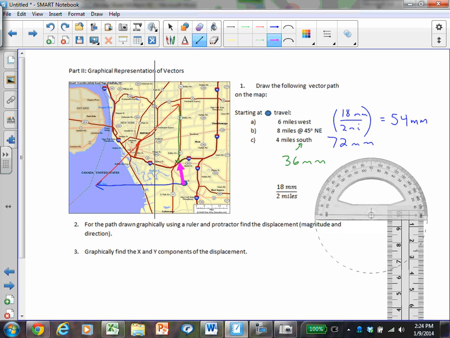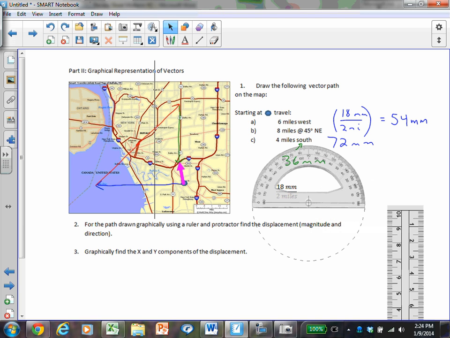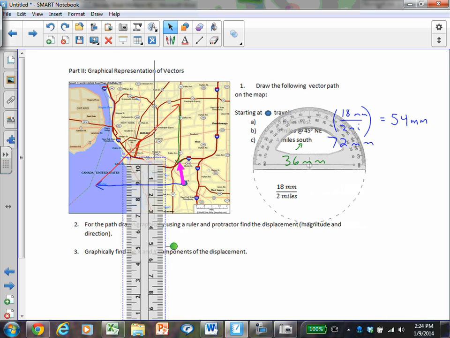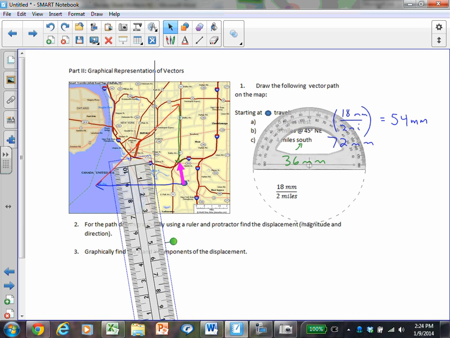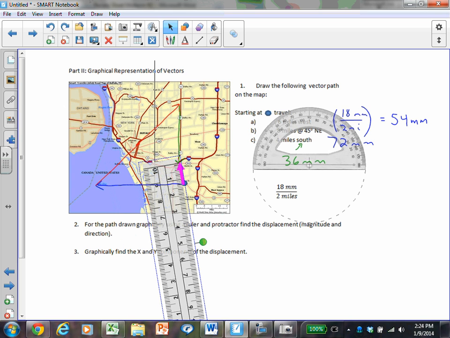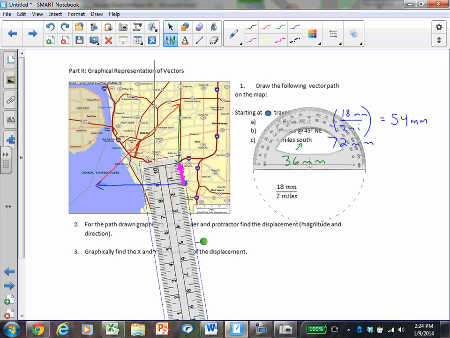And if I measure the length of that vector, I get about 1.4 or 14 millimeters. 14 millimeters from my scale is 1.56 miles.